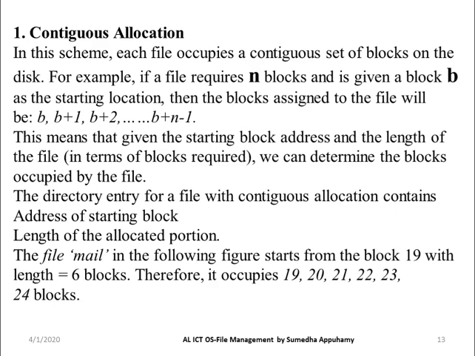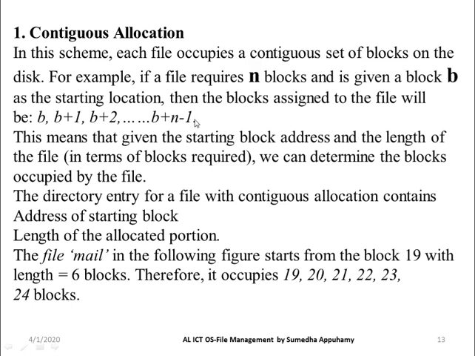If a file requires n blocks, and the given starting location is block B, then the blocks assigned to the file will be B, B plus 1, B plus 2, up to B plus n minus 1. Why do we require n blocks? We started with B, so it ends with B plus n minus 1.